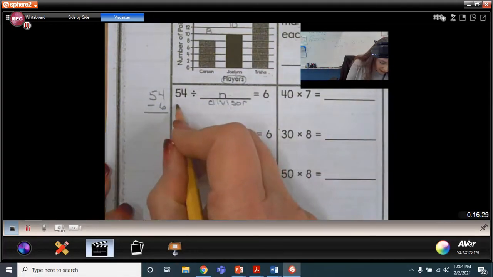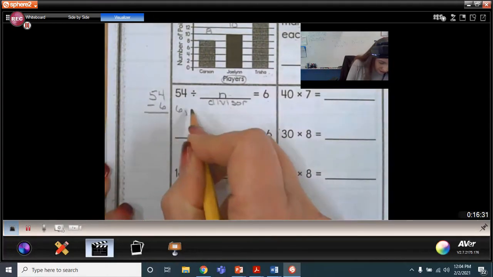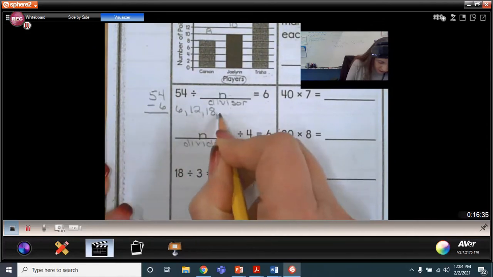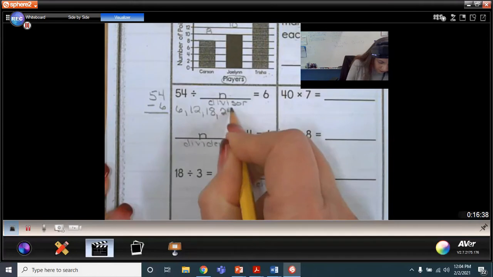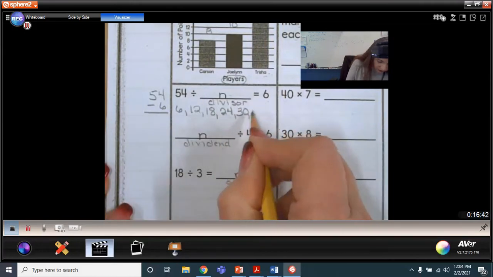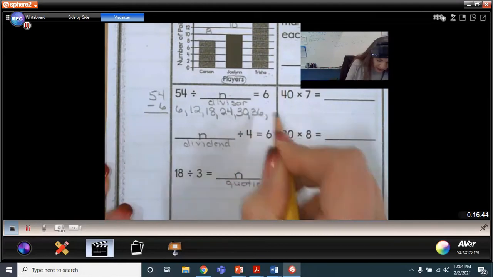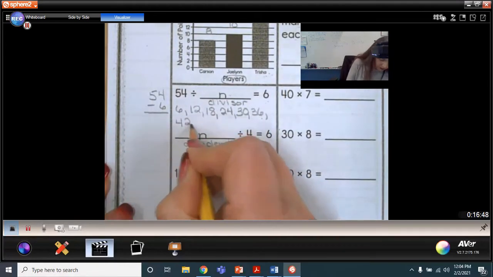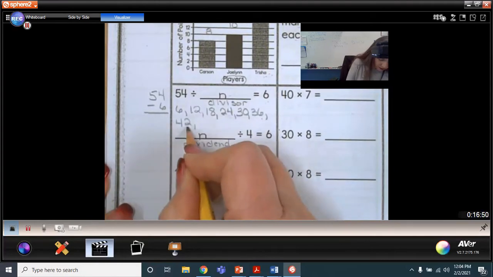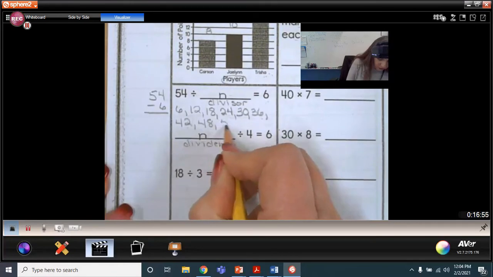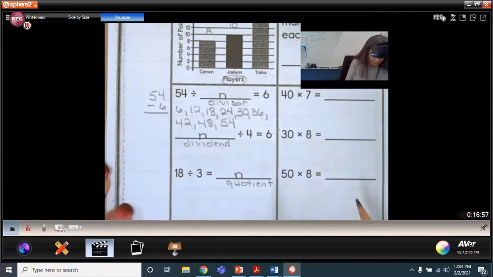So let's try by doing 6, 12, 18, 6 more would be 24, 6 more would be 30, 36, add 6 more to 36, now we're at 42, 42, add 6 more, we're at 48, and finally add 6 more, now we're at 54.